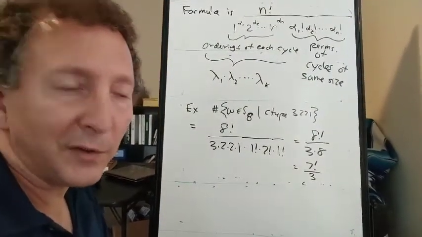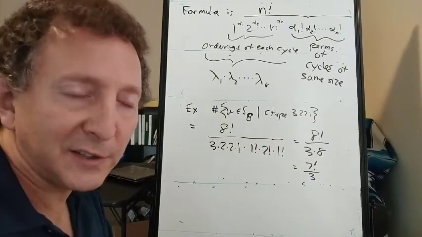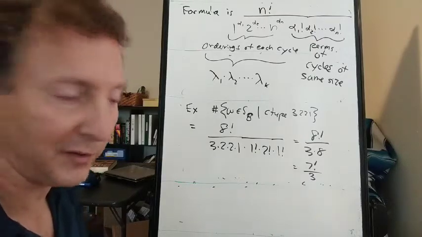Now I think the main reason that cycle type is important is that conjugacy classes in the symmetric group are precisely the sets of permutations that have the same cycle type.